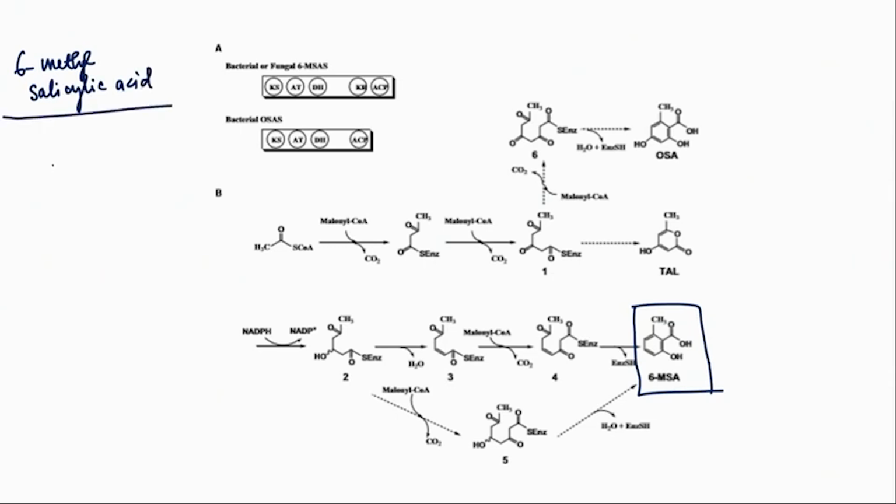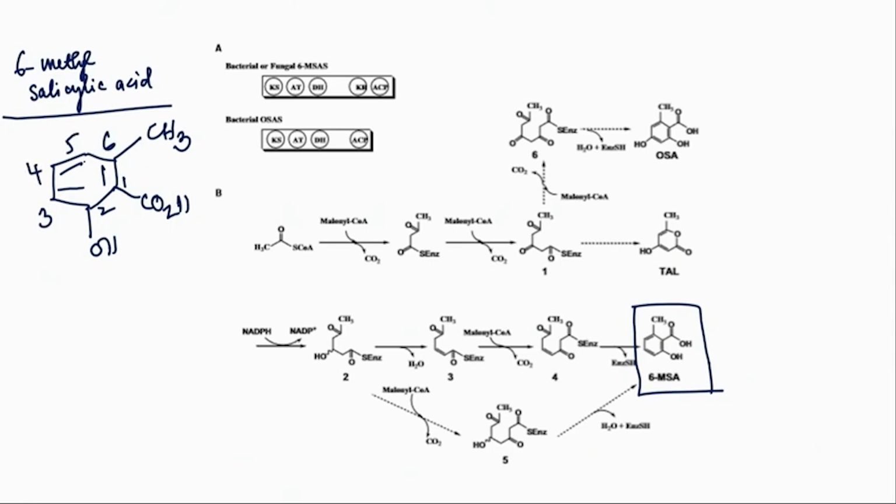It is written here, but let me write again. There is a methyl, there is this acid, and there is an OH here. This is 6-methyl: 1, 2, 3, 4, 5, 6, 6-methyl salicylic acid.